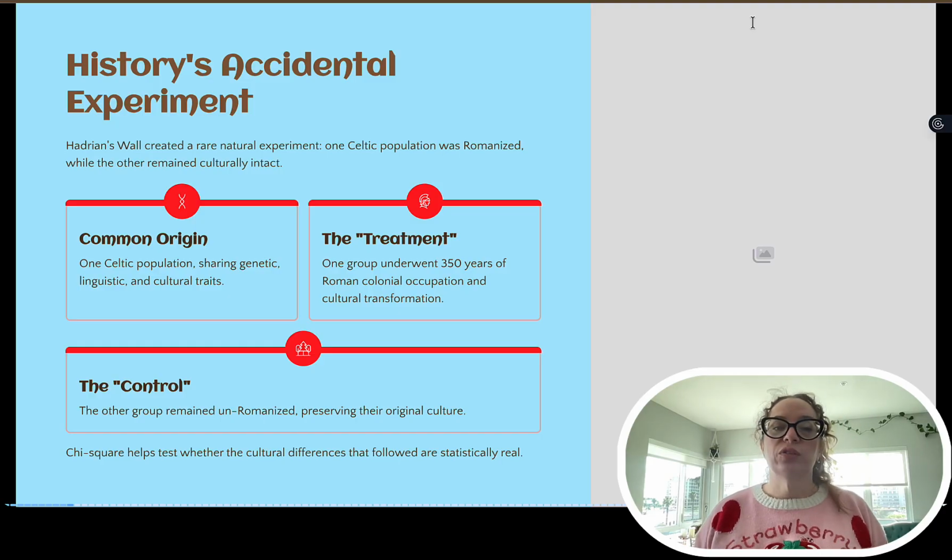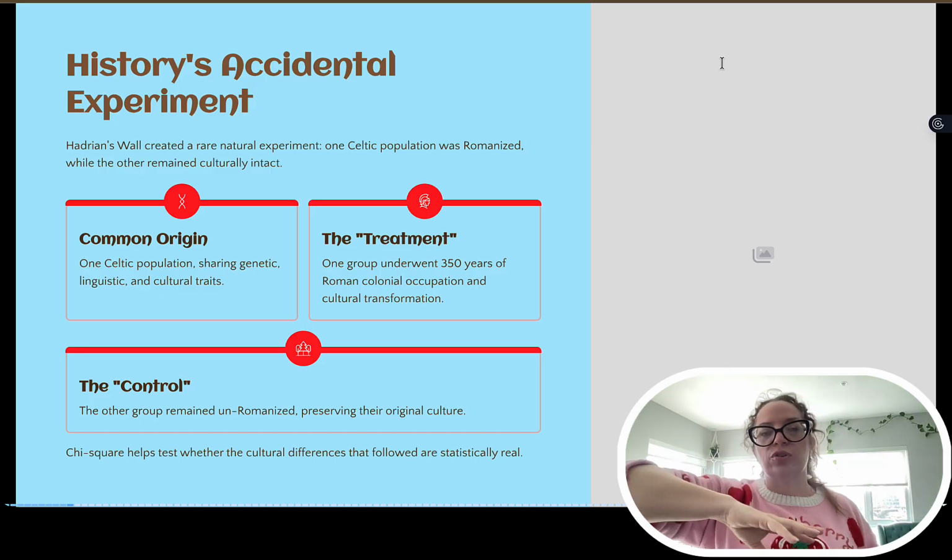So the differences you observe between the cultural descendants of the treated group and the untreated group can't be explained just by genetics, right? They're the same genetic people at baseline. They can't be explained by climate or geography because they generally share a similar environment. And as we'll see, the same differences appear when these groups relocate to America and then face identical geography. So it cannot easily be explained by inherent or inborn genetic superiority or inferiority of either group.